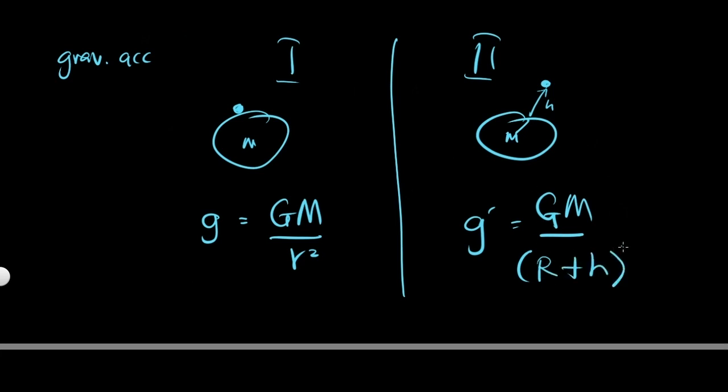The first is near the surface, and the second is at a certain altitude which is comparable to the radius of the planet. If the height is very small, that means it is not comparable to the radius of Earth, so you can use either this one or this one.